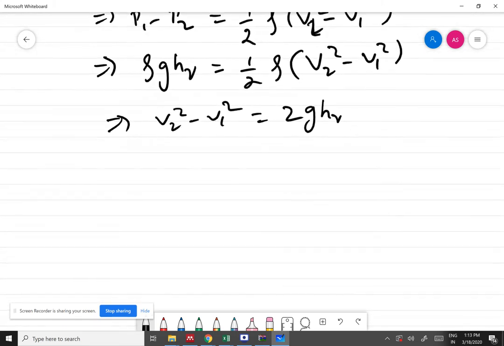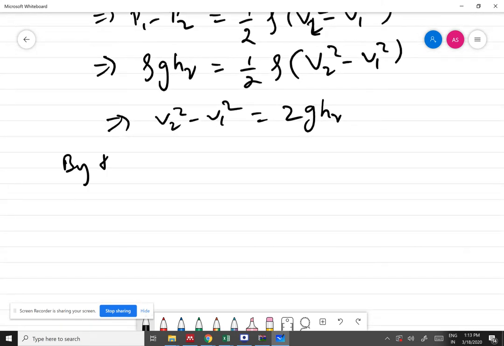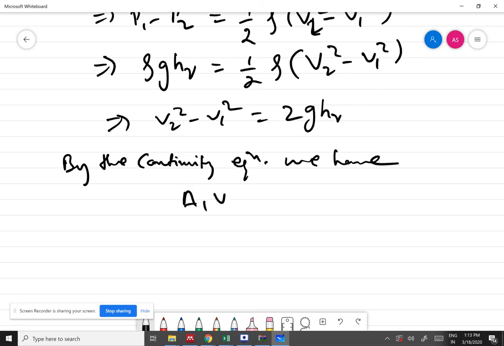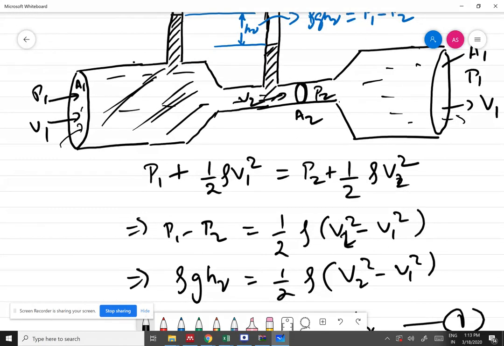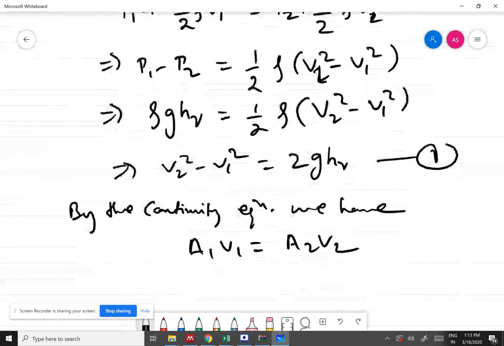So by the continuity equation, we have A1 V1 is equal to A2 V2. Let's mark this as 2. By the continuity equation, the amount of volume which is entering here is the amount of volume which is exiting here. So A1 V1 equal to A2 V2.